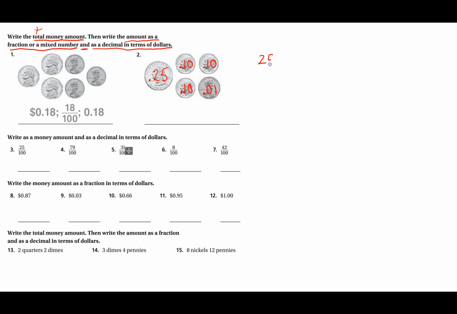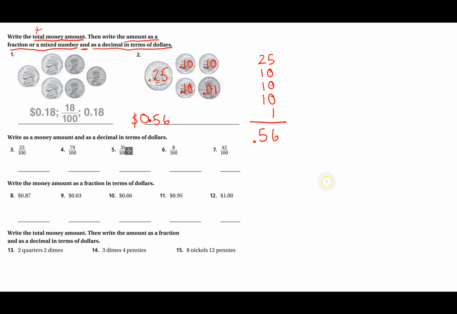We got a quarter, a dime, a dime, a dime, and a penny. 6, 2, 3, 4, 5, and remember we do have our decimal out in front, 56 cents. So if I want to write that as money, it is $0.56.